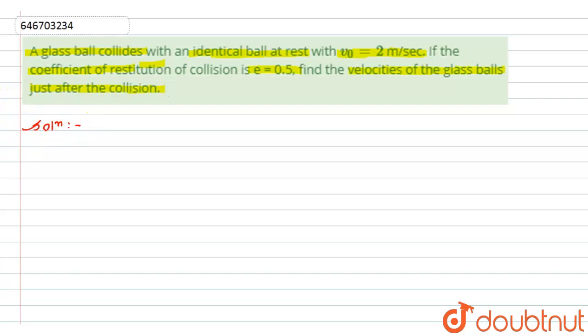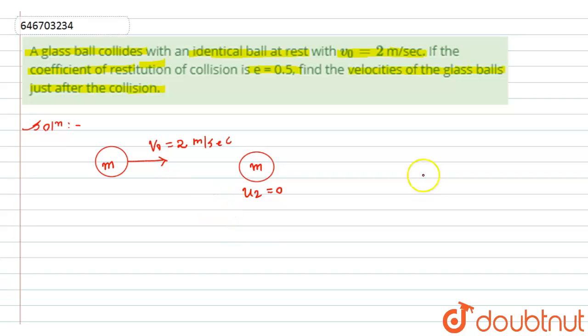As per the question, let's suppose we have two glass balls, each having mass m. One is at rest, that means its velocity will be equal to 0, while the other is moving with velocity v0 equal to 2 meter per second.